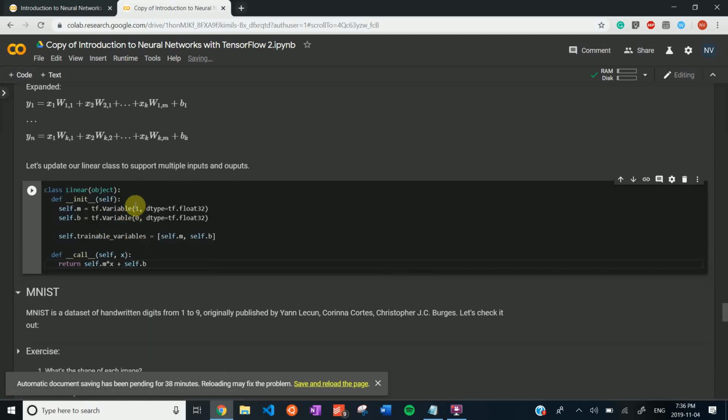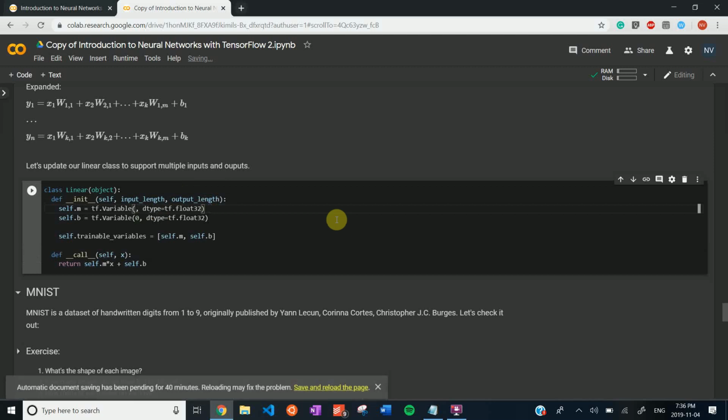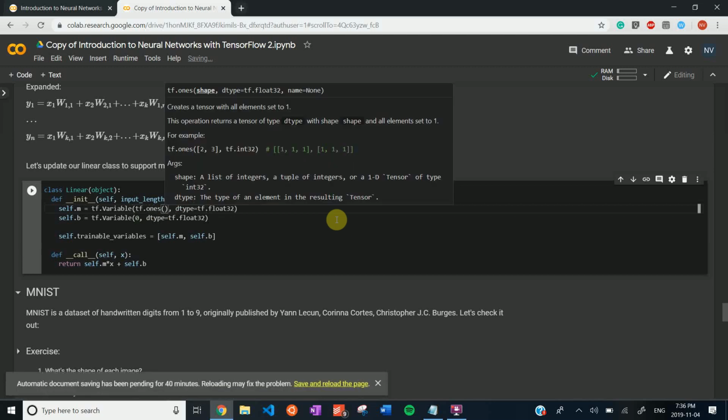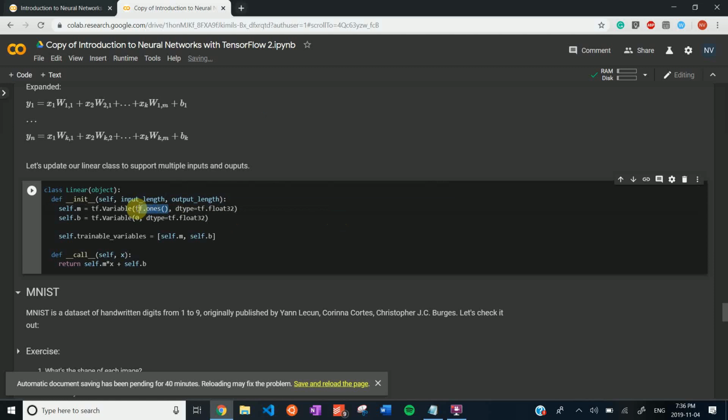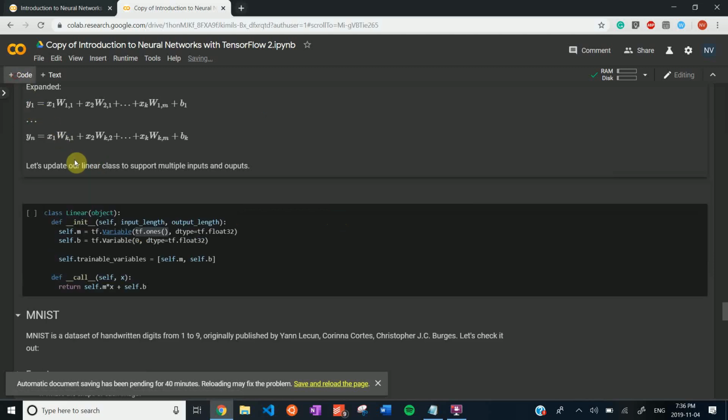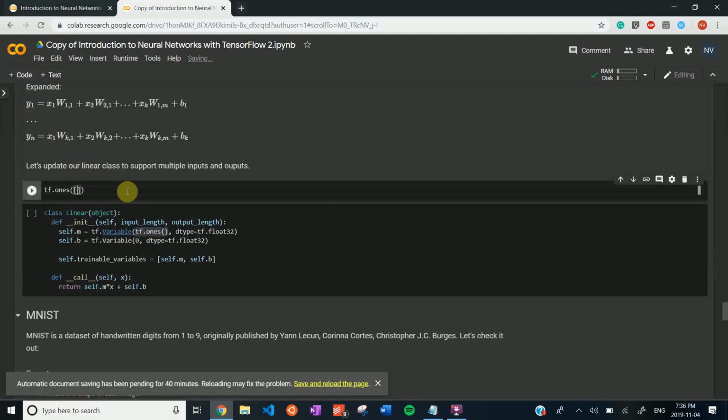Here, the key difference is we want to have an input length and an output length. Essentially, tf.ones, I'll show you what that does. Let's say like 3, 4.